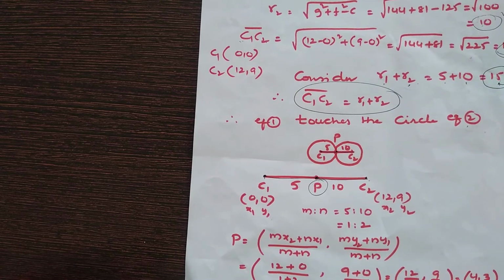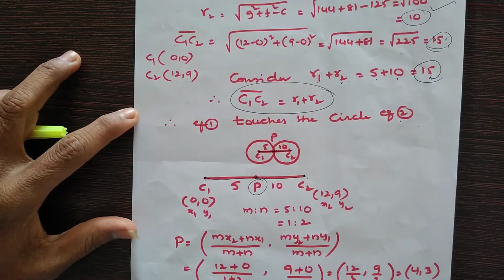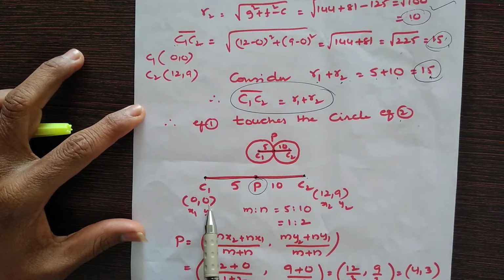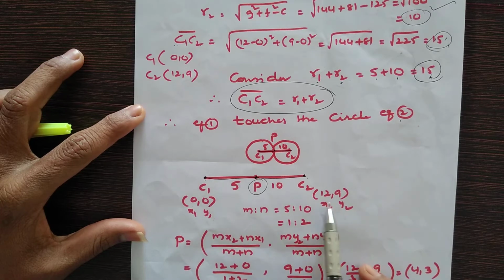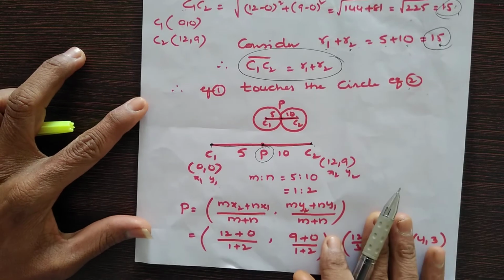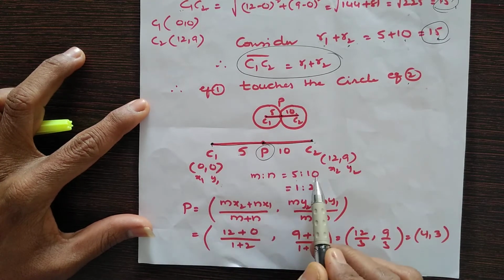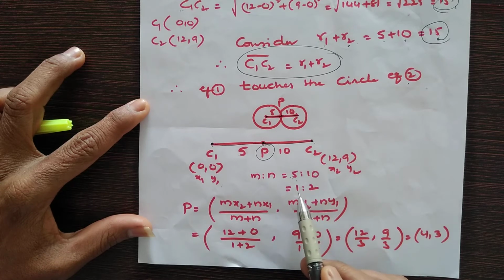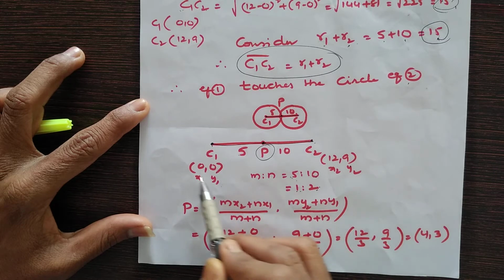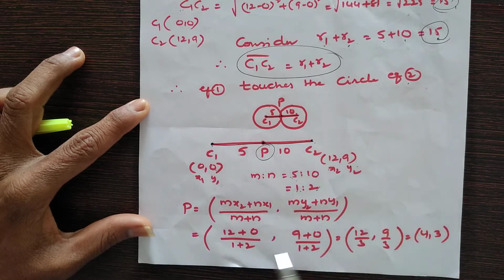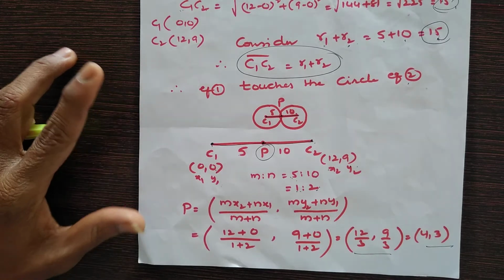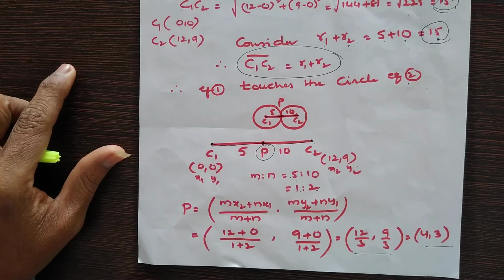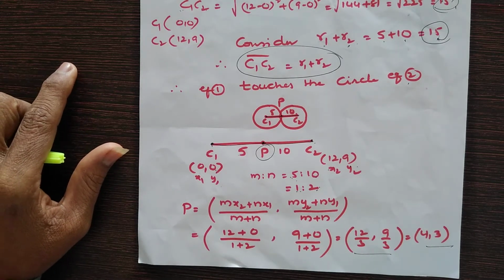Now see here. This is C1 (x1, y1), C2 (x2, y2), and the ratio m is to n is 5 is to 10. Simplified, m is to n is 1 is to 2. Substitute all the values and you will get the point where exactly it touches.